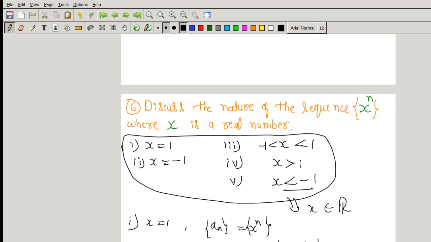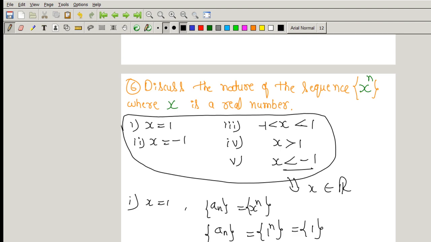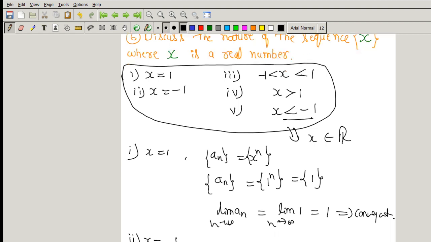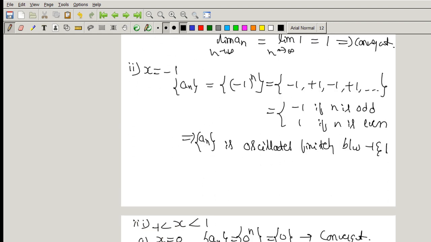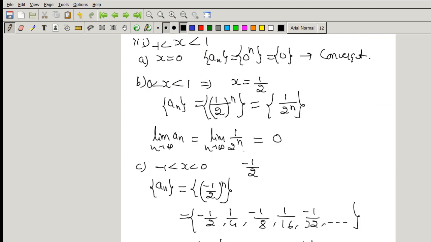Then x equal to minus 1, x between minus 1 and plus 1, x greater than 1, and x less than minus 1. Therefore, we have considered every real number, and in every case the behavior is different.